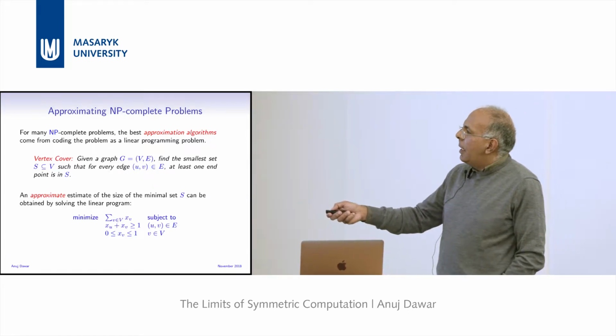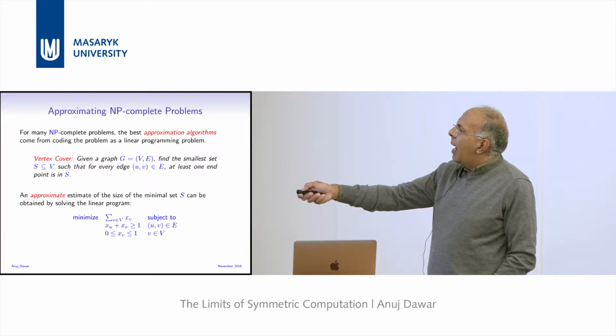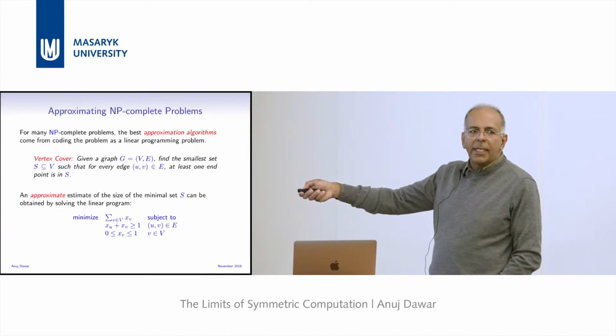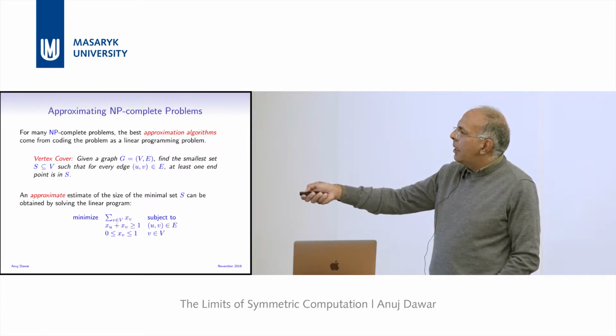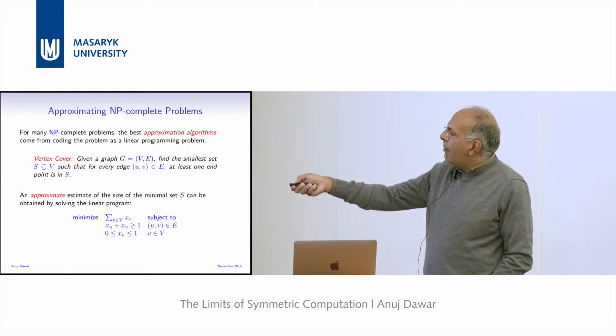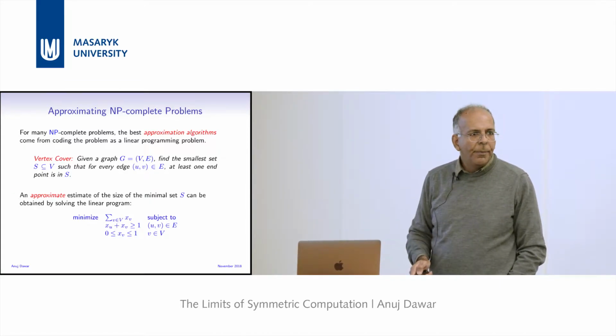I have an objective function. What is this? I take the graph, for every vertex in the graph I have a variable x_v, and I say, minimize the sum of these variables subject to the constraints that each variable takes a value between 0 and 1, and for every edge in the graph, the sum of the two endpoints is at least 1.